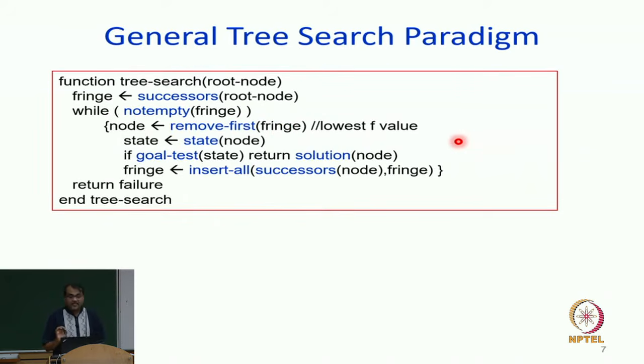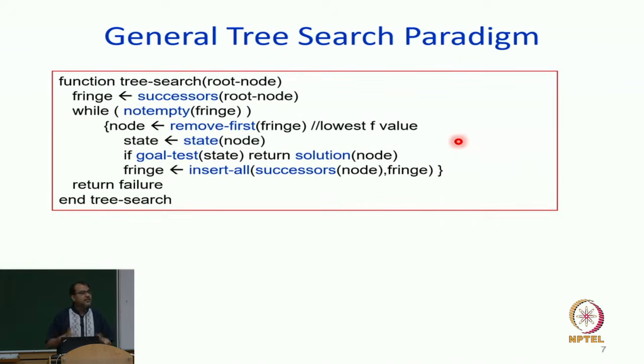Now, f here is my evaluation function. With every node I am associating some evaluation function, and from the fringe I am going to take out the best node that I can think about right now. The best node will be one which has the lowest f value.